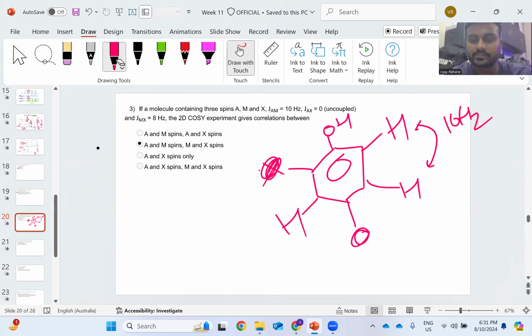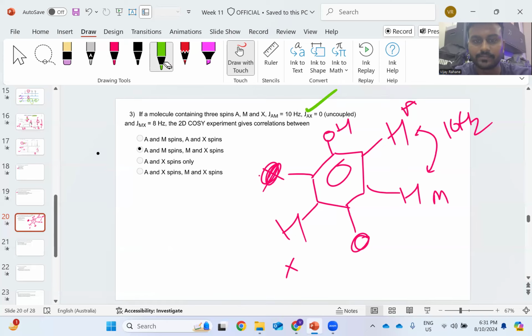Then JAX. So this is the A. This is the M. And this is X. But in this one, A and X don't couple, right? So here it is written JAX uncoupled. Then another, given JMX is 8 hertz.